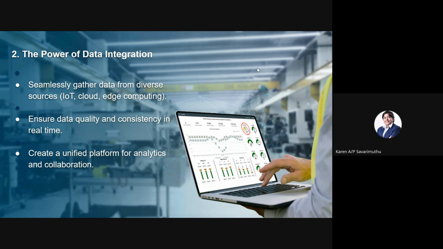Okay, when we talk about data, people always say, wow, the power of data integration is very important. Without data, a lot of things will be meaningless. Seamlessly, you gather data from a lot of sources: you may have sensors, controllers, edge computing, machineries, equipment, or even particular sensors.